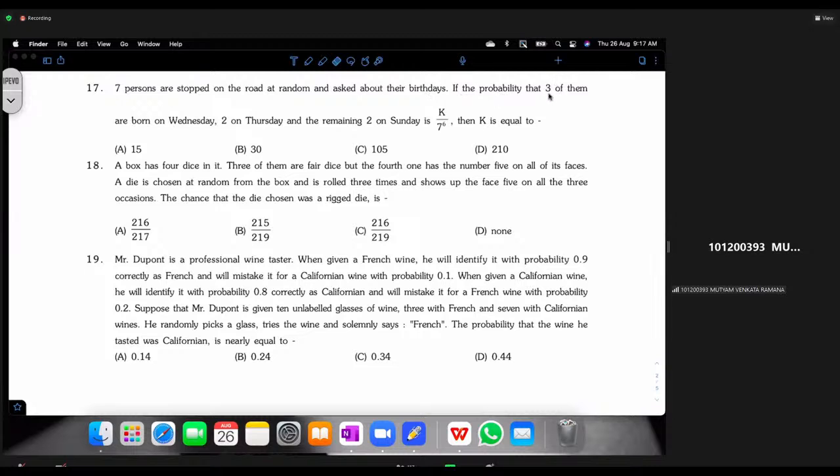What is the probability that 3 of them were born on Wednesday, 2 of them on Thursday, and the remaining 2 on Sunday? What is the K value?